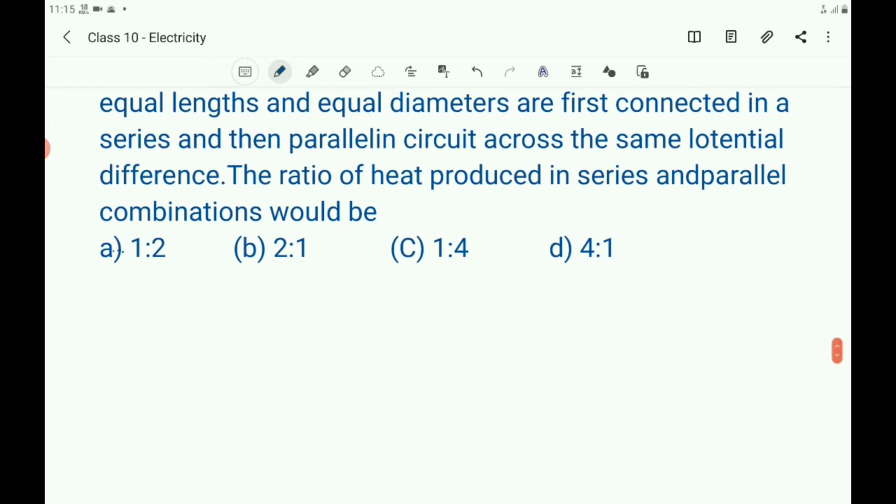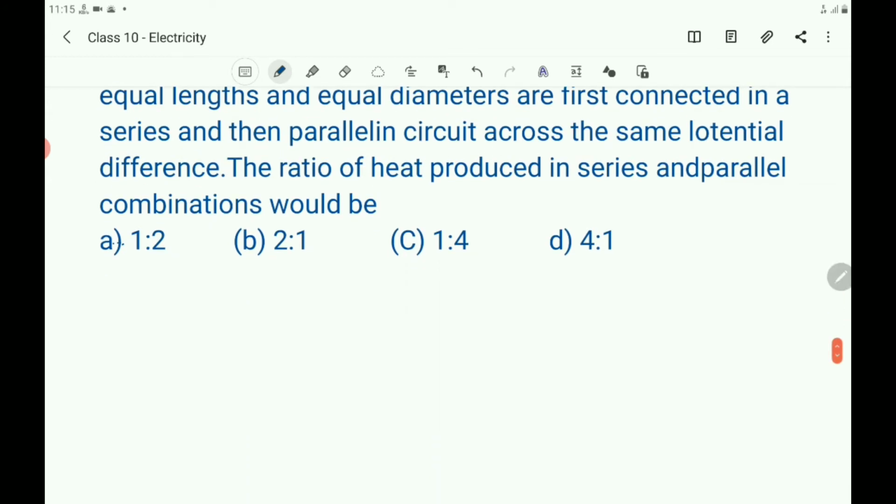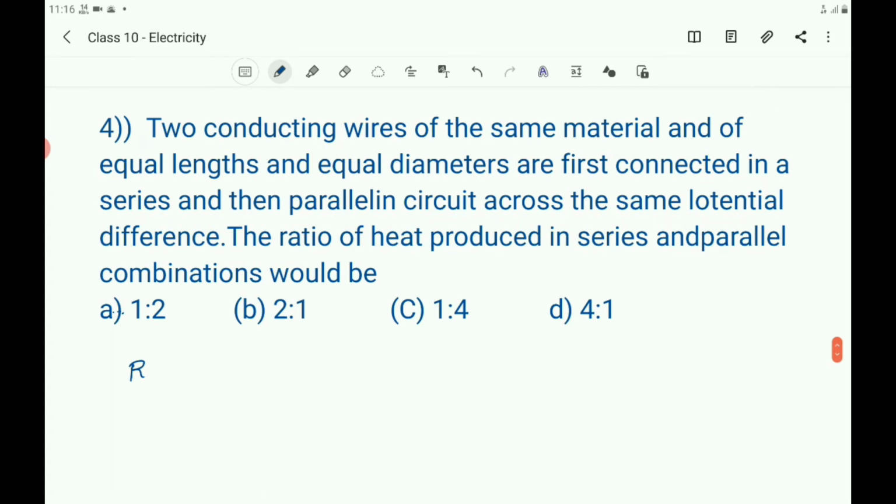So let us take here R is the resistance of each wire, and in series combination the total resistance will be 2R. Here let us have R1 equals R, R2 equals also R, as they are having same resistance because they are the conducting wires of same material.